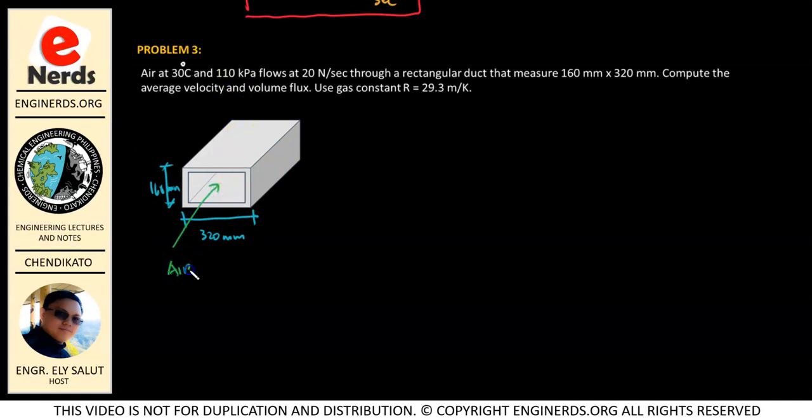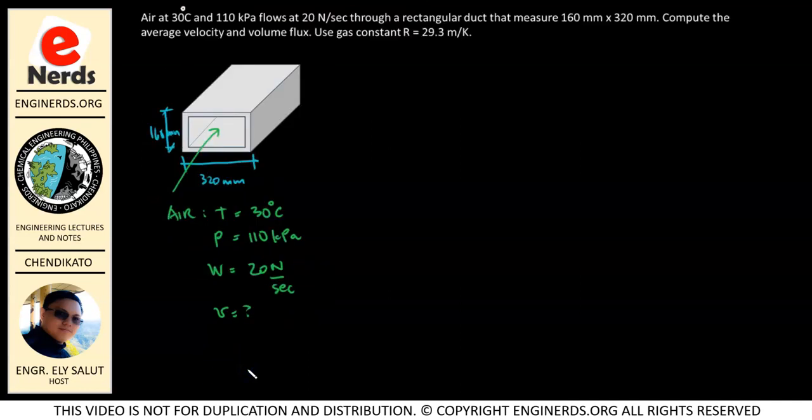The condition of our air is that we have temperature at 30 degrees Celsius, pressure at 110 kilopascal, and it flows at a weight flow rate of 20 Newton per second. Now we need to get the velocity and the volume flux, which is our Q.